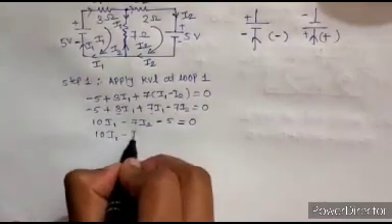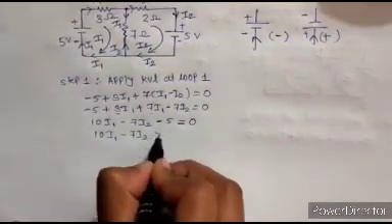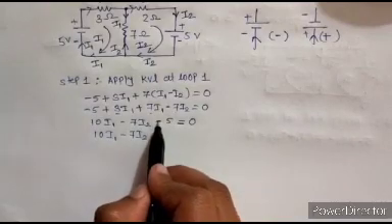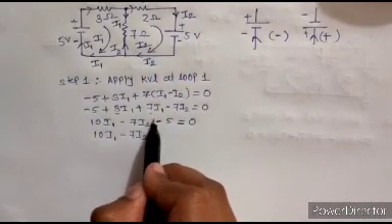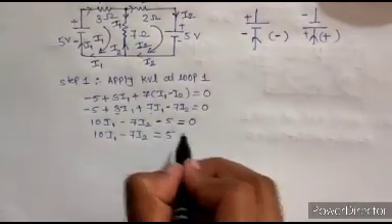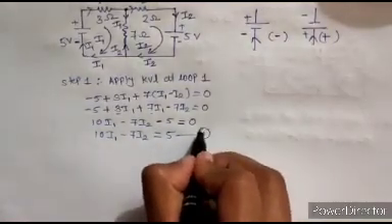So 10I1 minus 7I2 is equal to, if we shift this 5 volt to the other side of the equal sign, -5 becomes +5. This is our equation number 1.